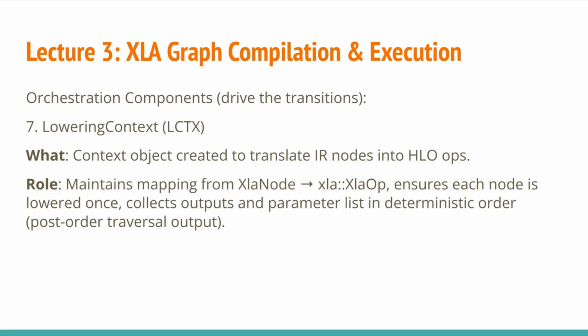The next important entity is the lowering context. It's a context object created to translate IR nodes into HLO operations. It maintains a mapping from XLA nodes to XLA operations. It ensures that each node is lowered once and collects the output and input lists in a deterministic order.